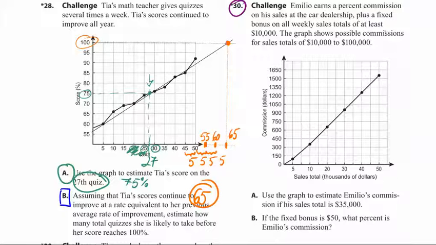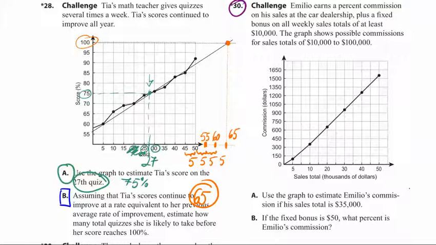Part A. Use the graph to estimate Emilio's commission if his sales total is $35,000. All right. And we have a graph that we definitely need to use.